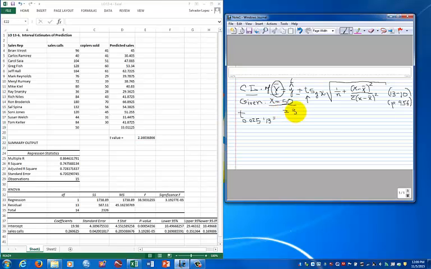The predicted value is 33.011, plus minus t is 2.16, and this value, 2.16, is going to be multiplied by the SYX, the standard error of the estimate, and in Excel is this value right here, 6.72. So let's put here 6.72.